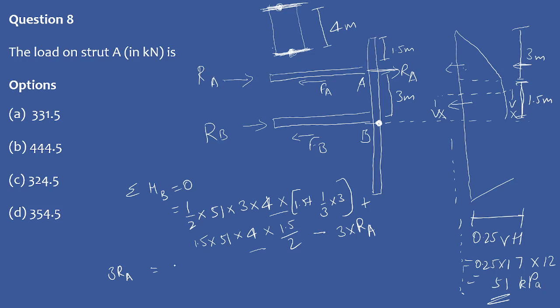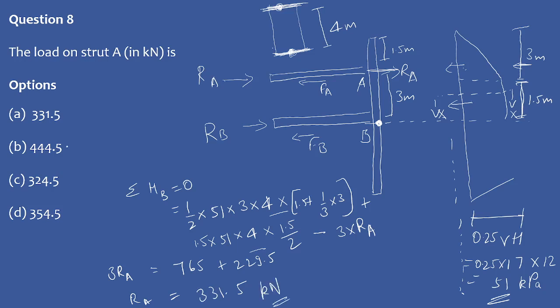So 765 plus 1.5 into 51 into 4 into 1.5 divided by 2, which is 229.5. So if I calculate the RA, 765 plus 229.5 divided by 3, yeah, it's 331.5 kN per meter.